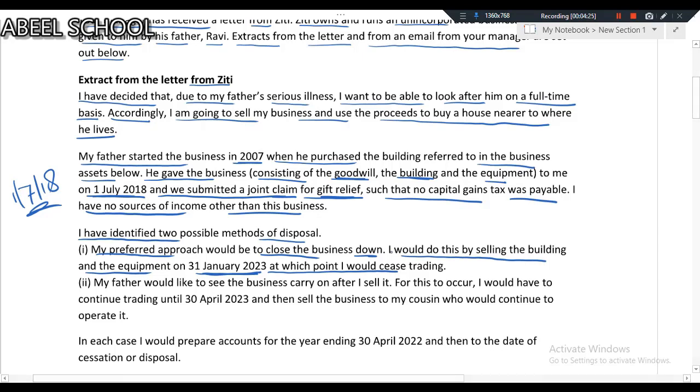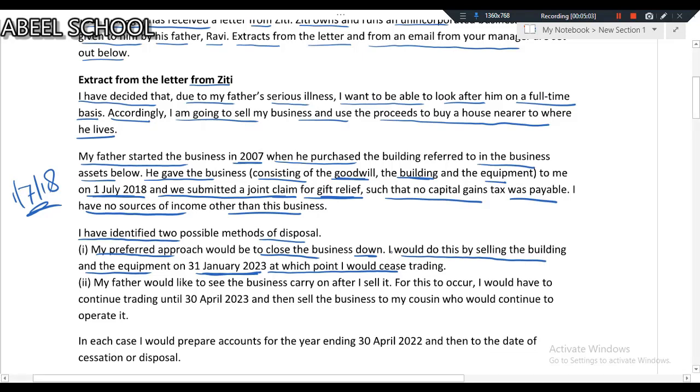If you close the business and then sell it, basically we sell each asset separately. Once you have closed the business, you will not get anything against the goodwill. If you close the business and then sell, obviously the goodwill becomes 0. Closing the business and selling means the going concern assumption of the business is now invalid.